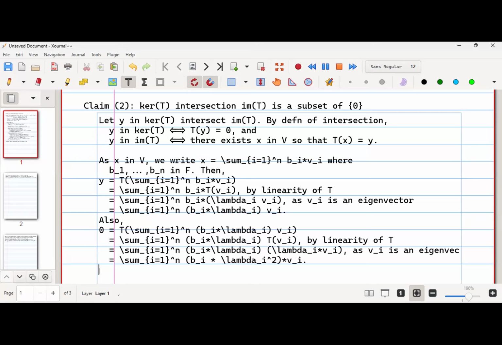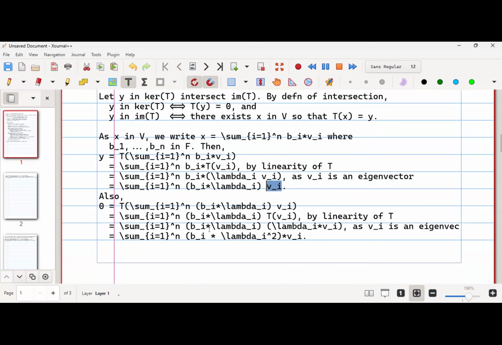So if we want to conclude that y is indeed the zero vector, we know that each of these v_i, since they're all eigenvectors, cannot be zero. So that means we must somehow get b_1 times lambda_1 equals 0, and then the same for all i from 1 all the way up to n.